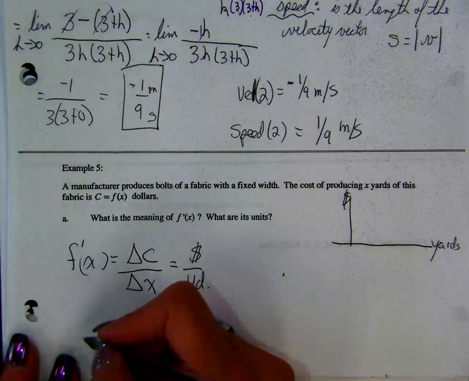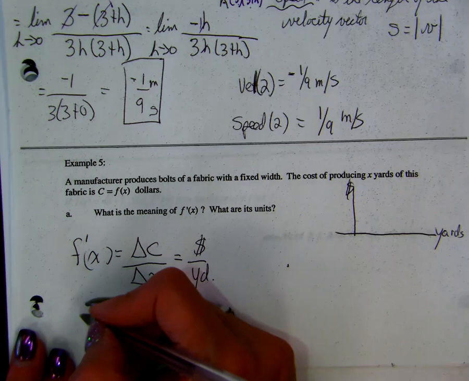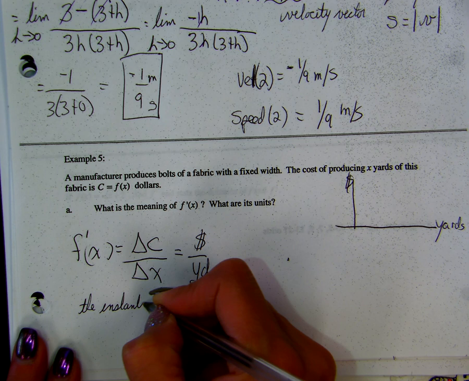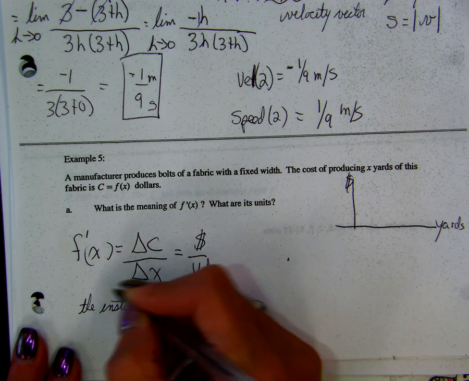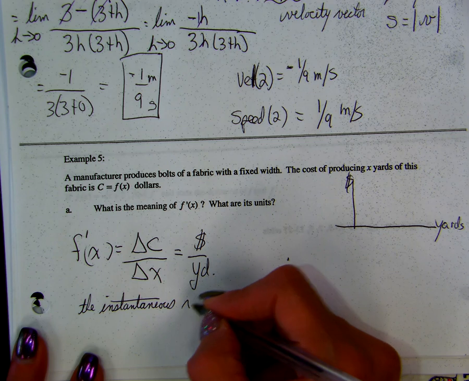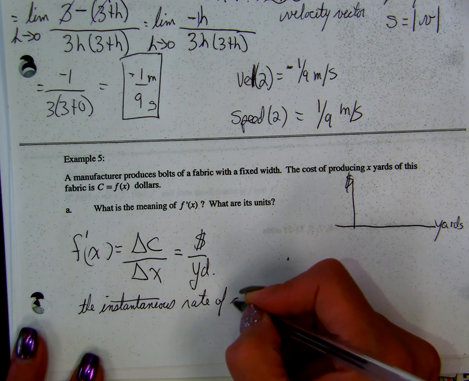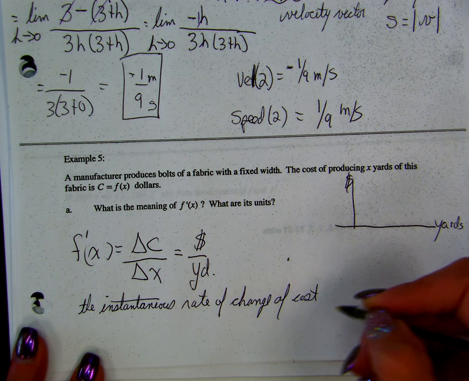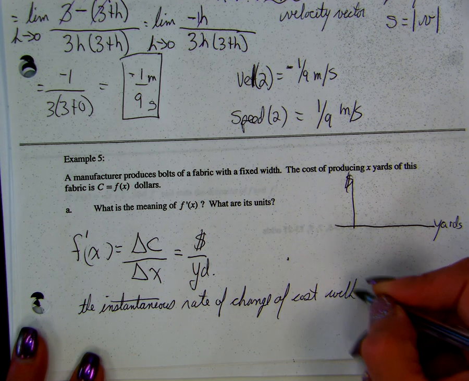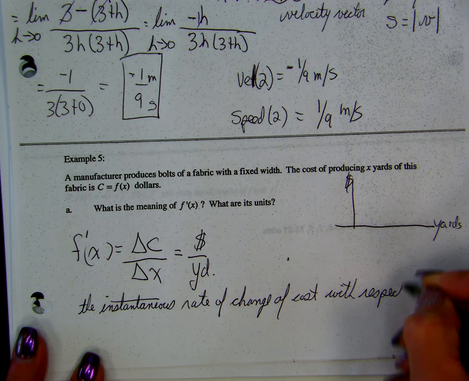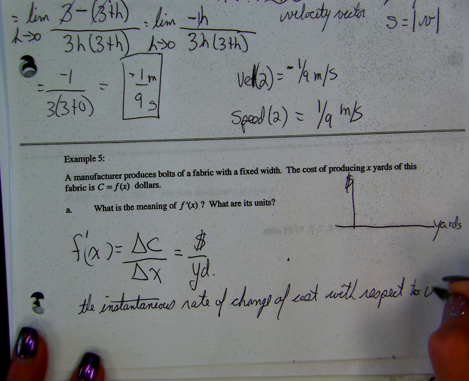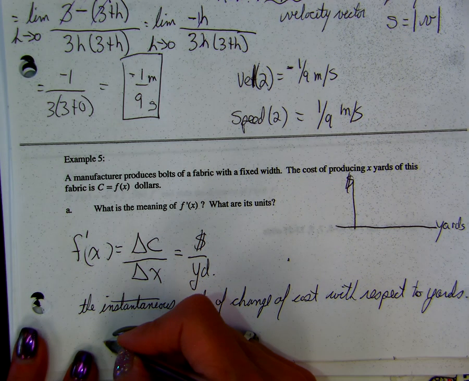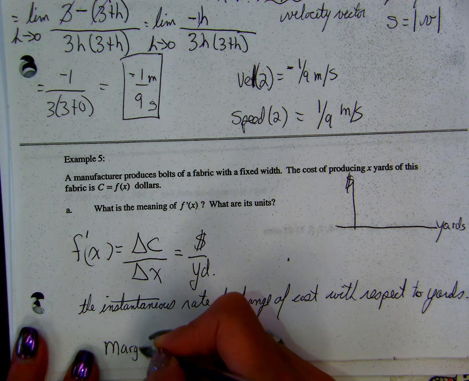So when I say F prime, then I'm talking about the instantaneous rate of change of cost with respect to yards. Okay, in economics, we call this the marginal cost.